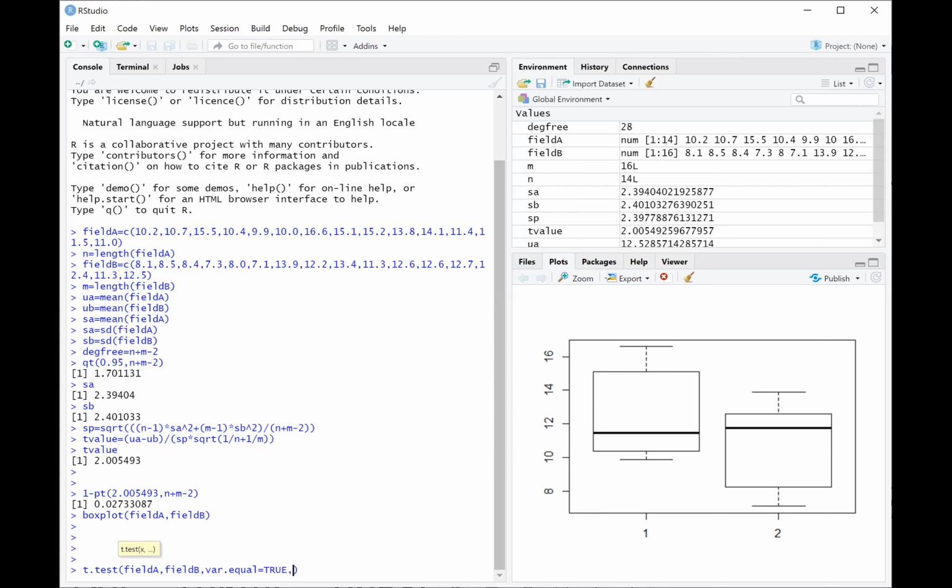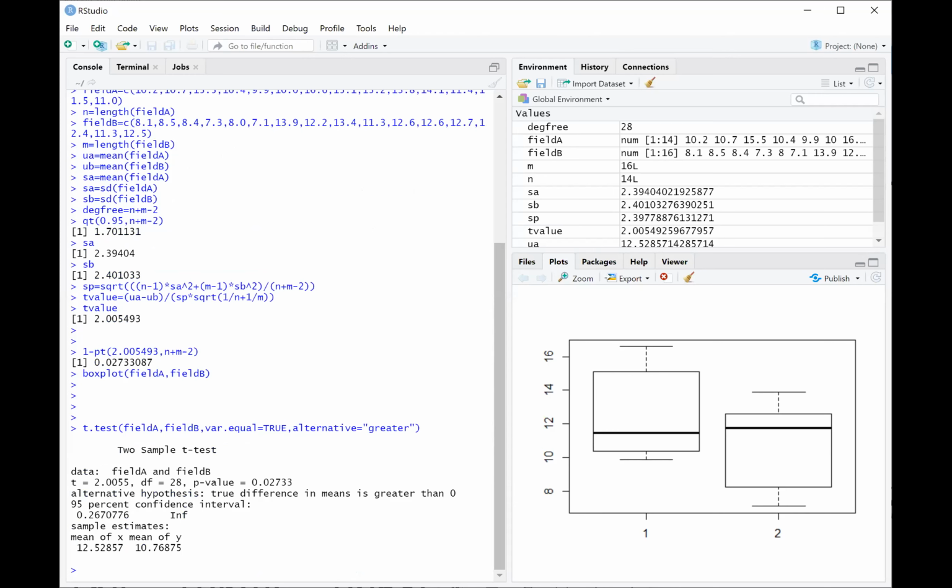We also chose our alternative hypothesis to be greater than. That is, field A has a greater soil water concentration than field B. So if you do that, you will find that it gives us basically the same p-value with the same number of degrees of freedom. So this does it instantly for us and doesn't require us to calculate everything by hand.